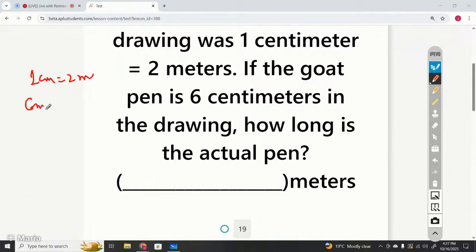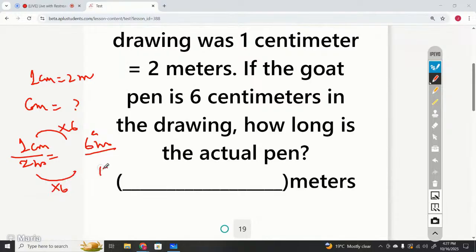We need to calculate how many meters it is. So 1 centimeter equals 2 meters. 6 centimeters equals how many meters? 1 times 6 is 6, and then 2 times 6 is 12.